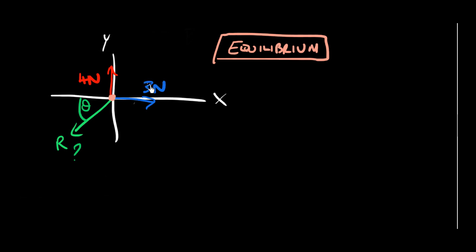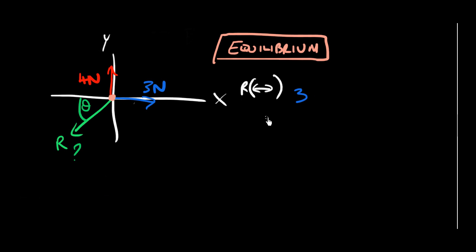And so let's do the horizontal first. So we say resolving in a horizontal direction, or in the OX direction. We have 3 newtons going one side. That has to equal the forces going to the left.